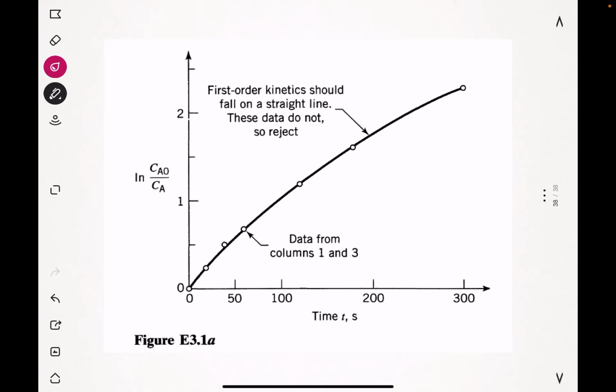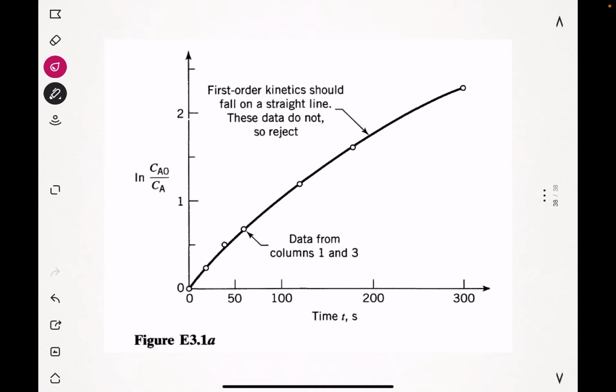And we see that the line is actually not a straight line. So it's a curved line, and hence we can conclude this data does not fit the first order kinetics. So our assumption of the reaction being a first order reaction can be rejected.